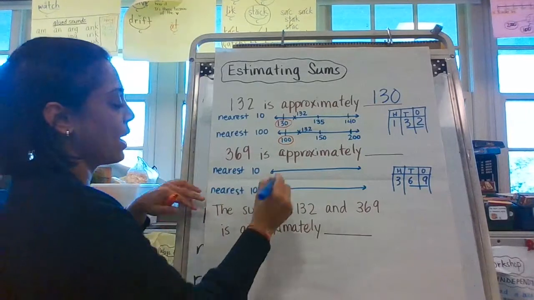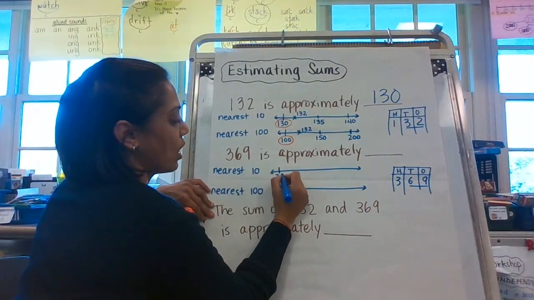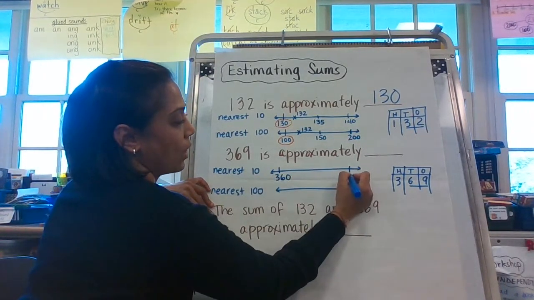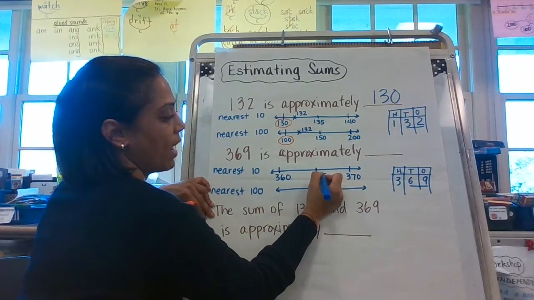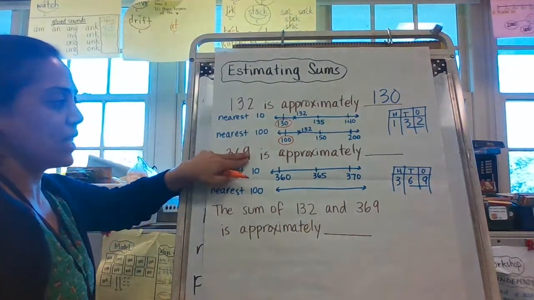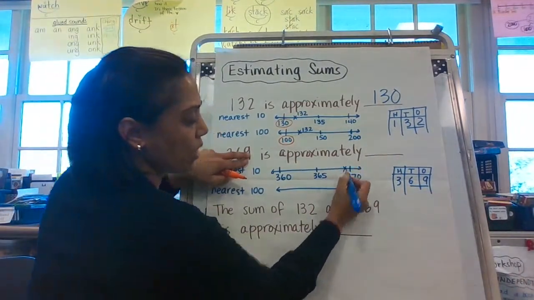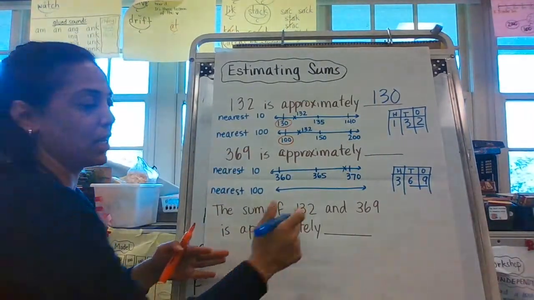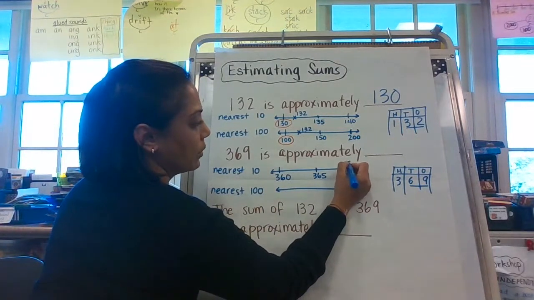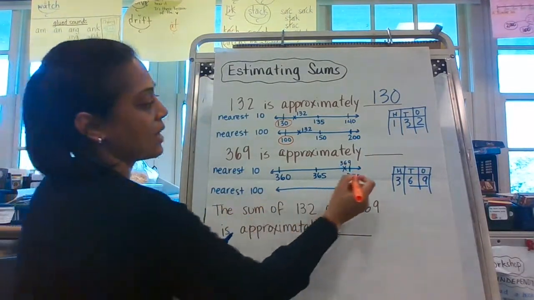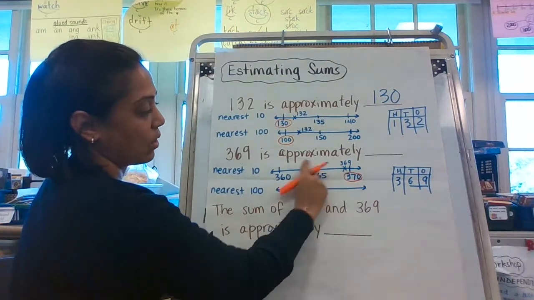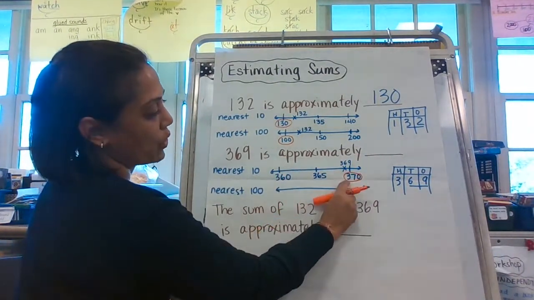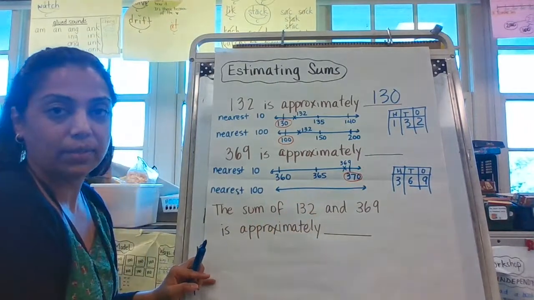So 369 is between 360 and 370. That middle number is 365. 369 is really close to this number right over here, 370. And I'm going to put that right over here. And I can see that it's closest to 370, not 360. It's 9 away, whereas for 370, it's only 1 away.